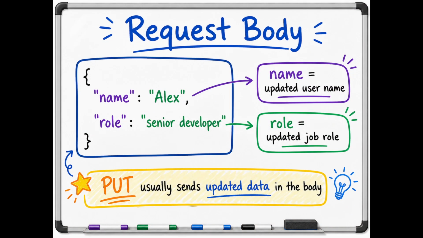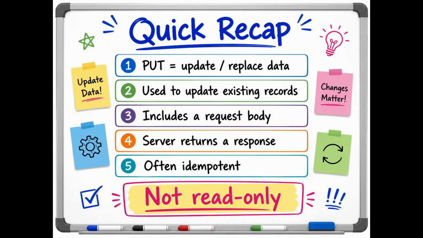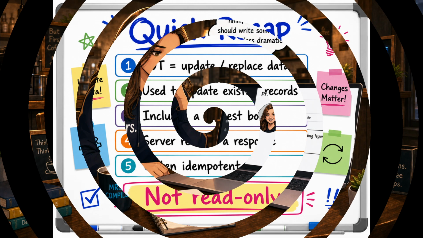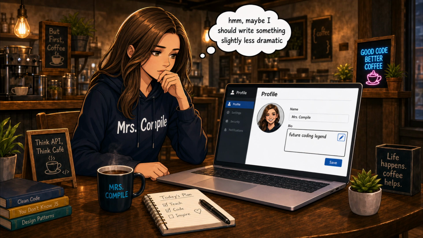So the server finds user 101 and updates that record with the new information. POST creates something new. PUT updates something that already exists. It is like editing your profile later because your old bio said future coding legend. And now you want something slightly less dramatic.